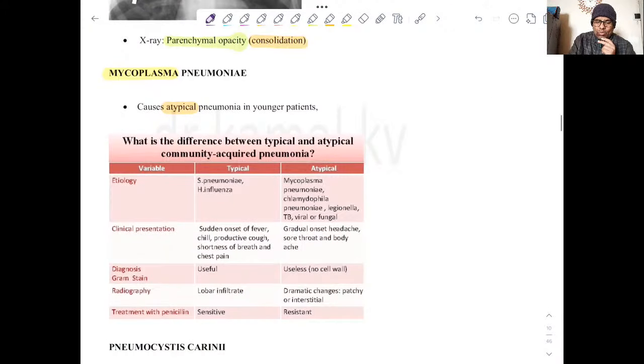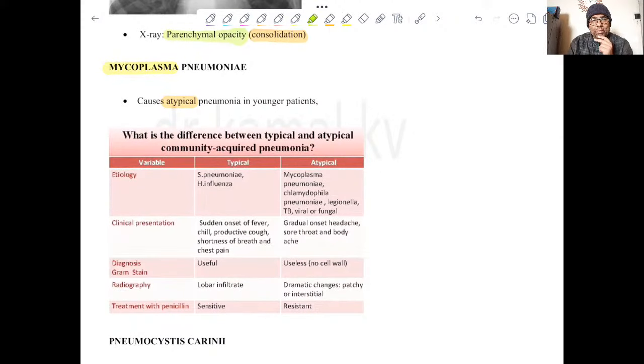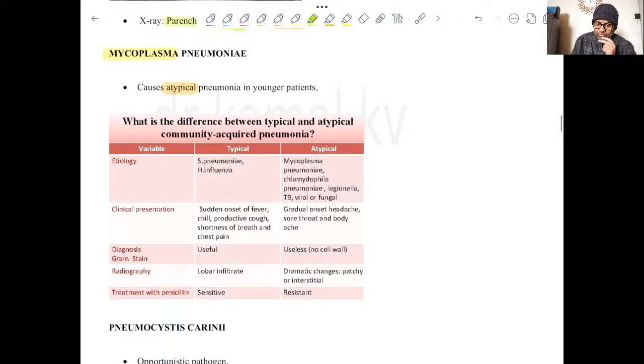But see what is happening if there is pneumonia because of mycoplasma. There is slight headache. What you can see here, no fever, clear, no productive cough.